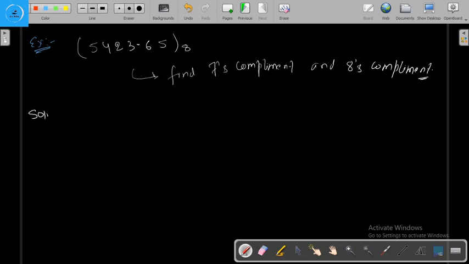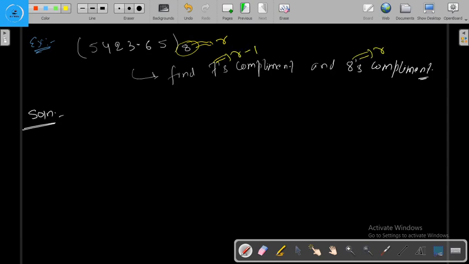For finding the r minus 1's complement, here r is 8, since the number is given in octal, so this is r minus 1 and this is r.